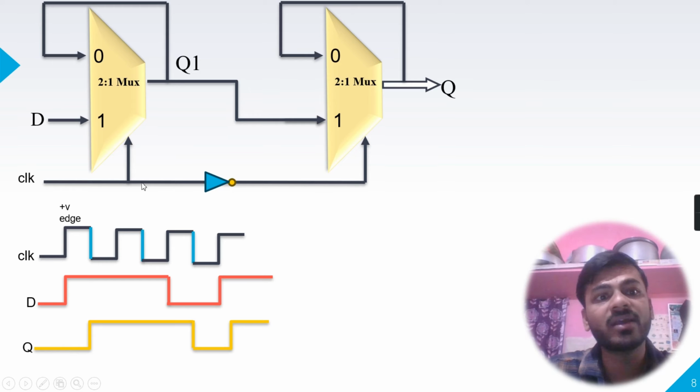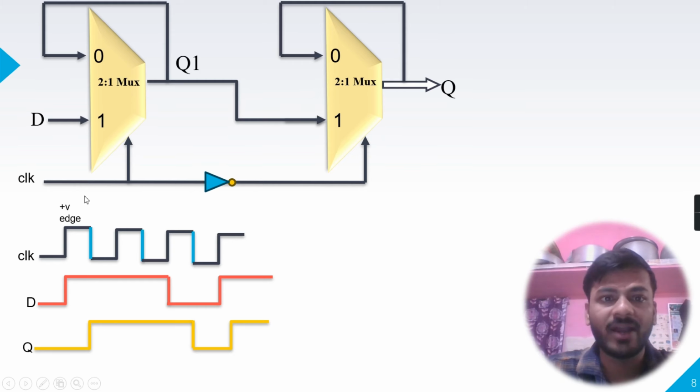Now when my clock is low, Q1 is holding the previous value because select line is 0, and my previous value of Q1 was what? D, and D was what? High. So it has held the D value. Now this Q1 output of this first mux is going as input for this second mux.